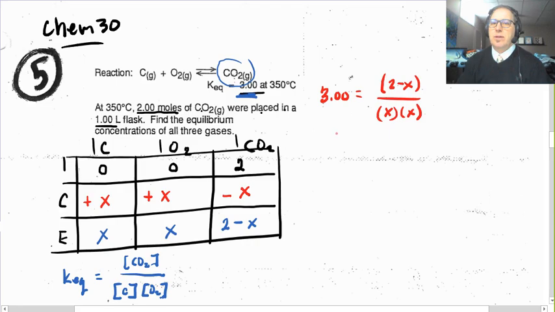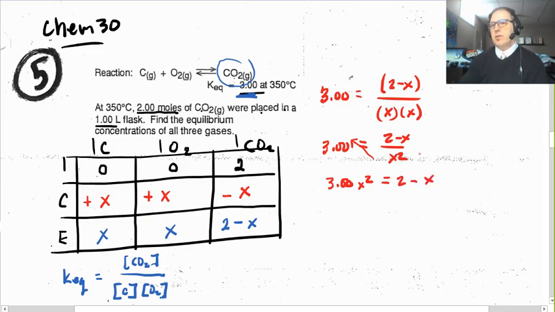So this is going to be 3.00 equals 2 minus x over x squared. And we're going to multiply that up, so we have 3.00 x squared equals 2 minus x. Now it looks like we're going to have a quadratic here. So this is 3.00 x squared plus x minus 2 equals 0.